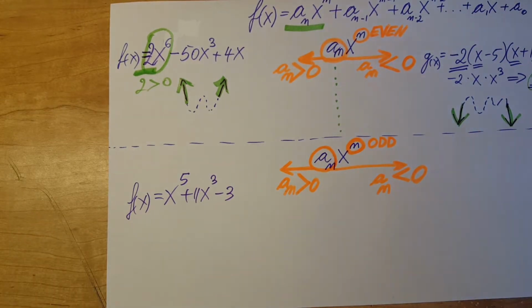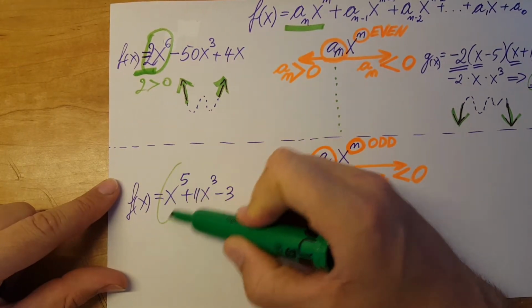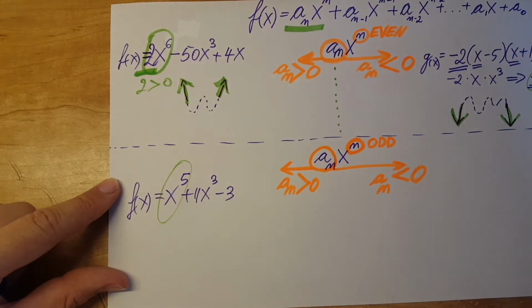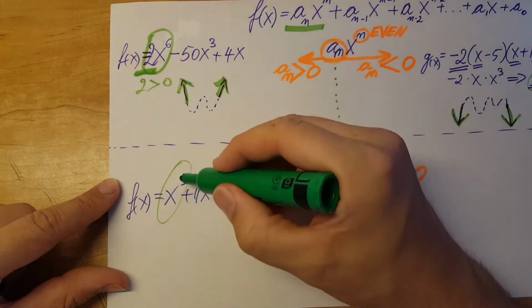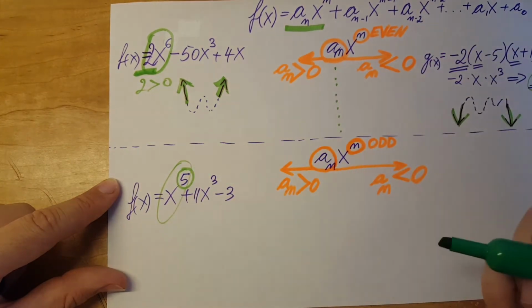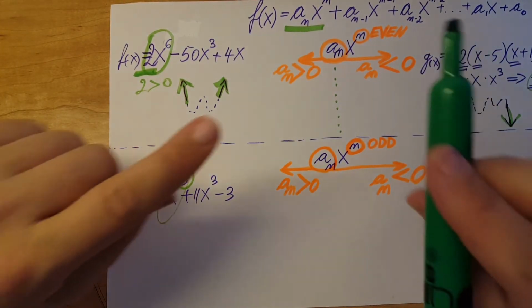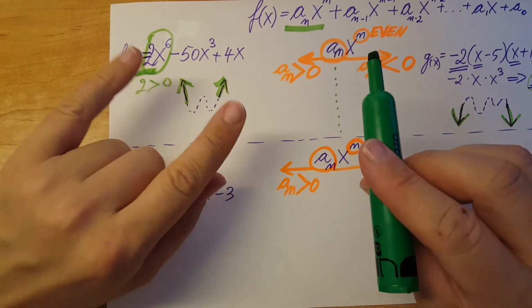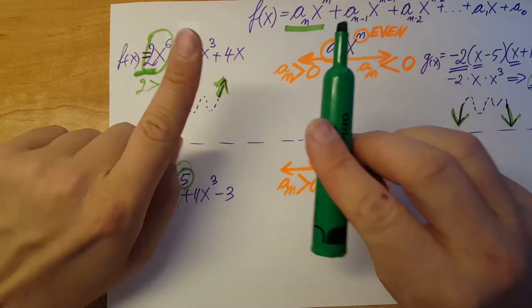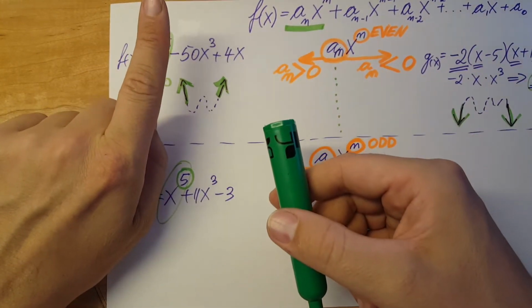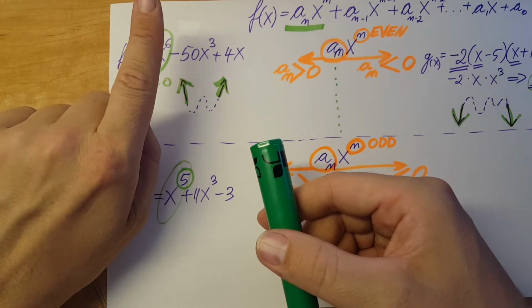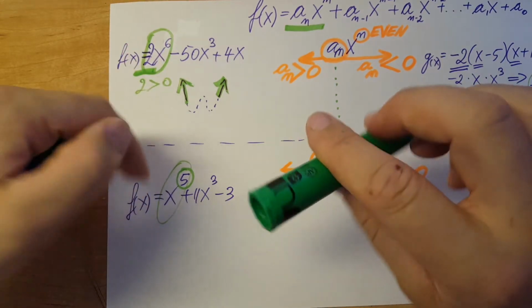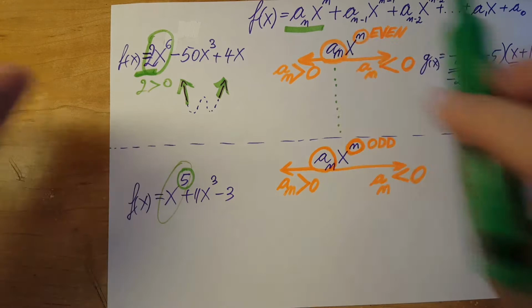Notice our leading term is right here. Our exponent is 5, which is odd, and this means that the beginning and the end will not face the same direction anymore. One will be up and one will be down, either one up and one down, or one down and the other one up.